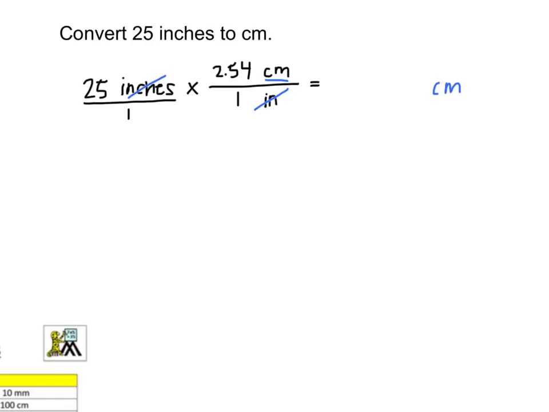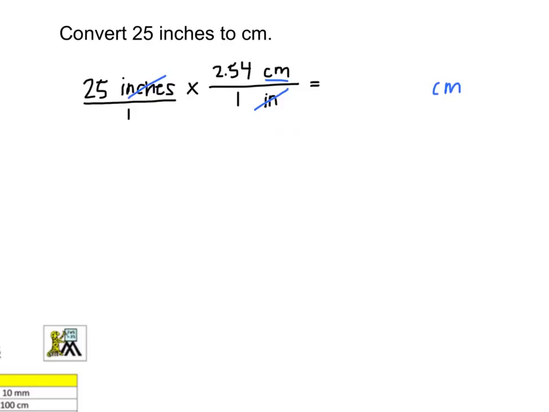Now if I remember how to multiply fractions, I'm just about done with the problem. All I have to do is multiply across the numerator. So I'm going to do 25 times 2.54, and then I'll multiply across the denominator, which is just 1 times 1. So 25 times 2.54, you can grab your calculator and figure that out.